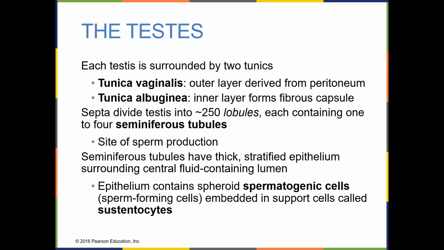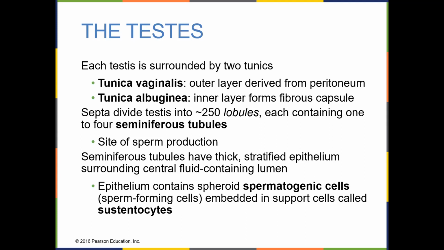And each lobule contains 4 seminiferous tubules. So you have about 1,000 seminiferous tubules in each testes. This is where the sperm production takes place, in the testes, in the seminiferous tubules.